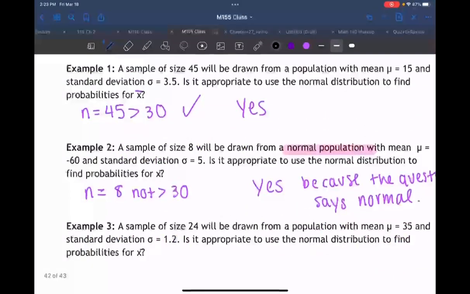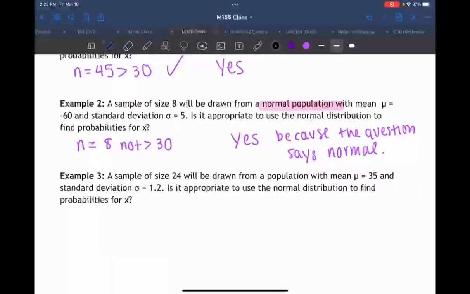Okay, let's keep going. Here's a final example just to see if the central limit theorem applies or if we can answer questions with the tools that we have so far. First, we have a sample of size 24. So n is 24, and it's drawn from this population with this mean and standard deviation. We're asking if it's appropriate to use the normal distribution to find probabilities for X bar.